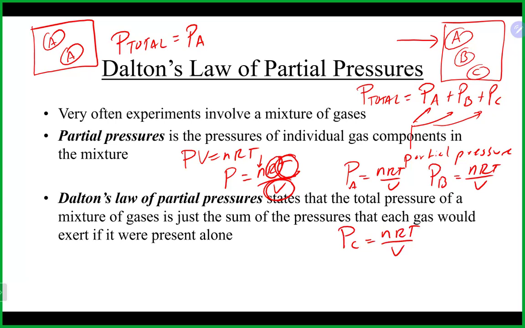You basically just would do three separate ideal gas law calculations, and then to get the total pressure, all you would do is add them together. Sometimes people get really nervous about these types of calculations. They think it's super hard, but it's really just the ideal gas law for each gas separately, and then you can add them together to get the total pressure.